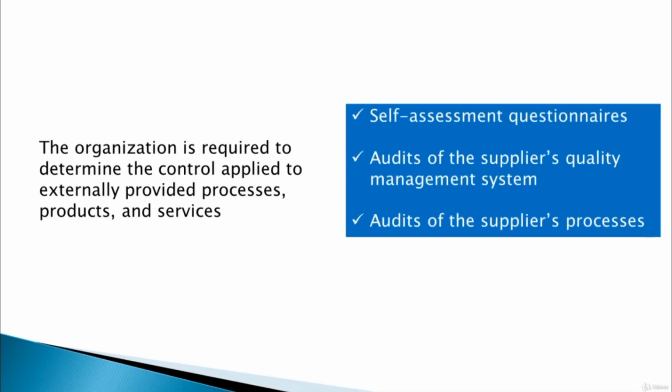Now, our organization is required to determine the control applied to externally provided processes, products, and services. So now our organization is kind of like the customer, and so it needs to evaluate the processes, products, and services provided by those external providers or those suppliers through self-assessment questionnaires and through audits of the supplier's quality management system and the supplier's processes.